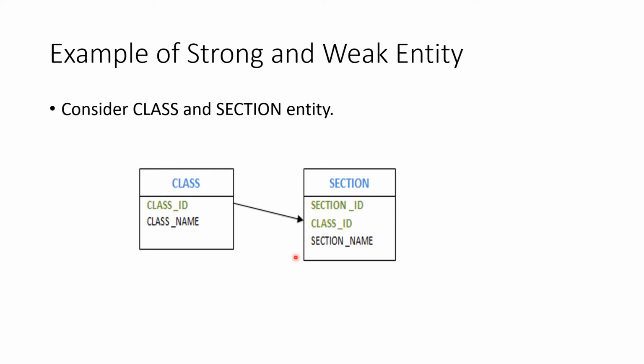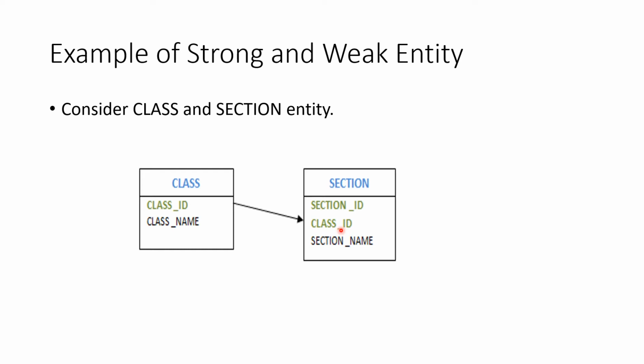So this way these are two relations. Class ID we have in this entity called class, and in section we have section ID, but without class id we were not able to recognize what kind of section it is. So we are taking this attribute class id in this section table.